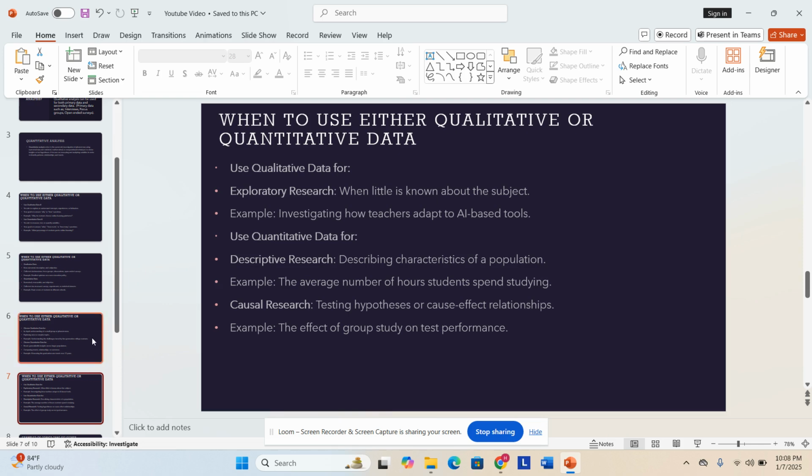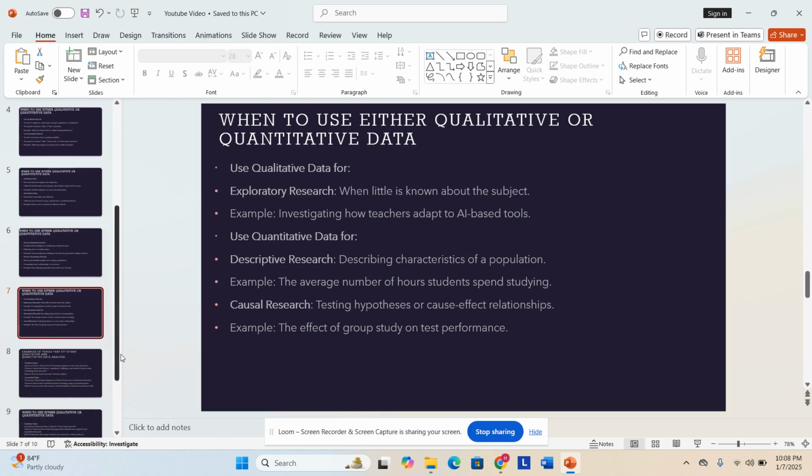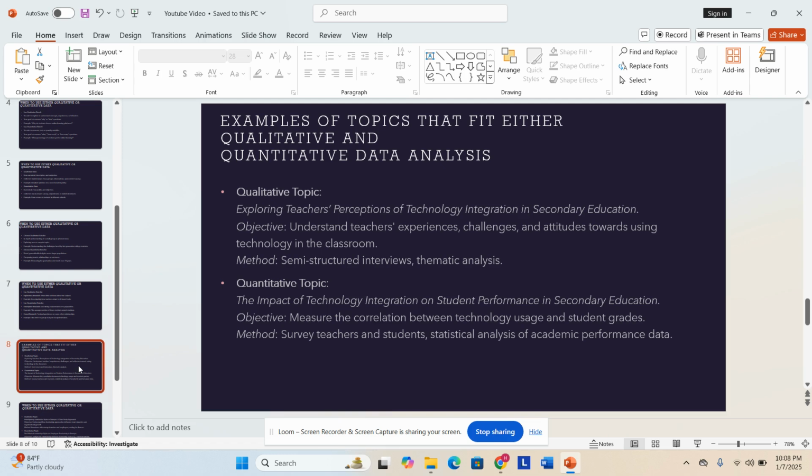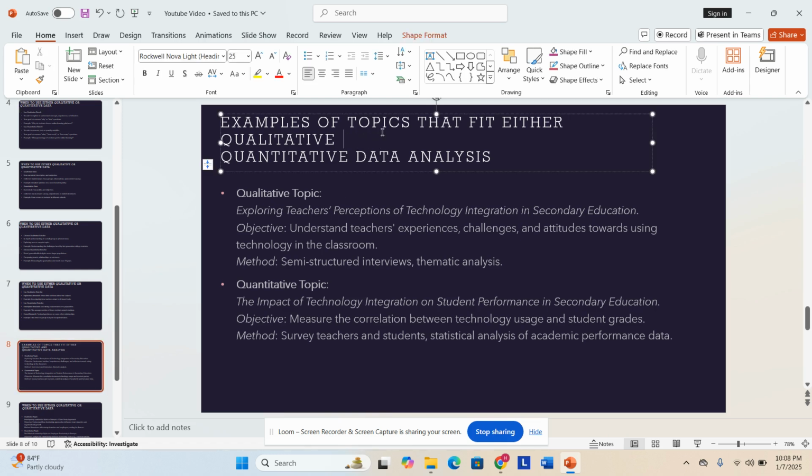So again, let's see topics that fit either qualitative or quantitative data analysis. Okay, so let's see a qualitative topic. For example, exploring teachers' perceptions of technology integration in secondary education.